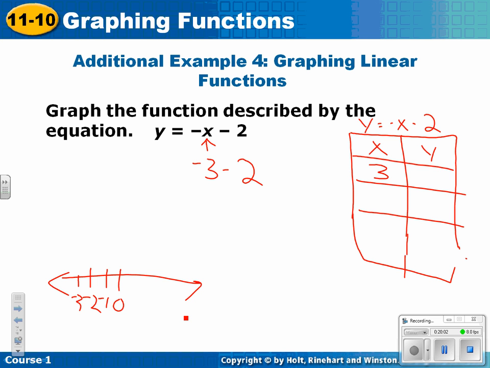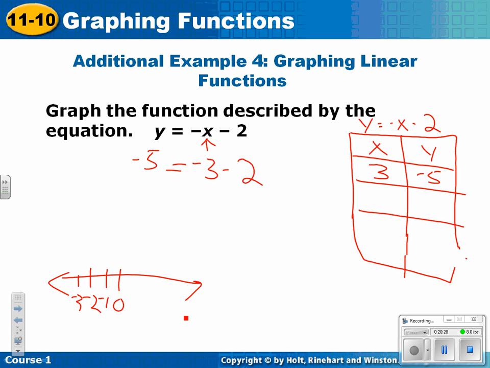So it's going to be -5. So -5 goes here. So when x is 3, y is -5. That's for this equation. Does that make sense to everybody so far?